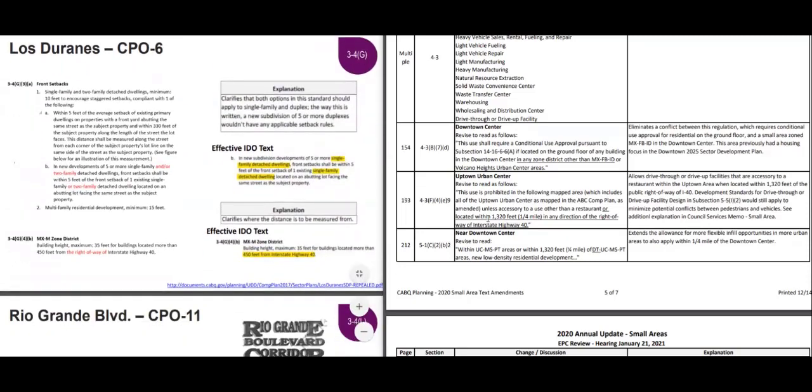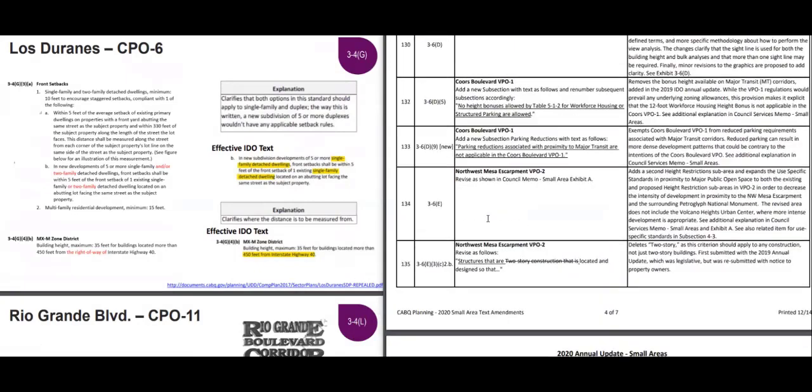This next change is the Los Terranes CPO 6.